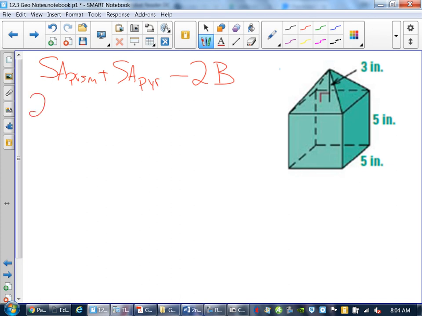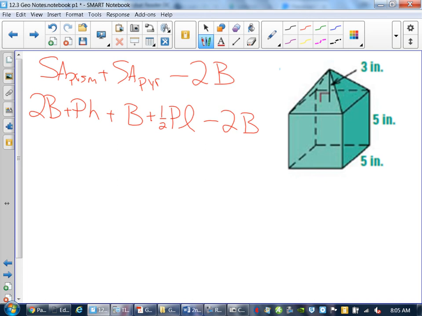So we write it out: we have twice the area of the base, plus perimeter of the base times how far apart they are, plus another base, plus 1/2 the perimeter times its slant height, and then I have to subtract out two of the bases. Now remember, our bases here are all squares.